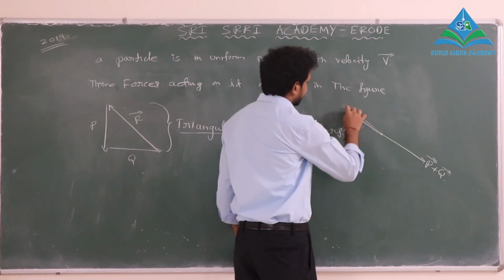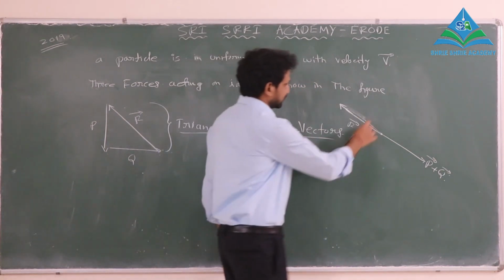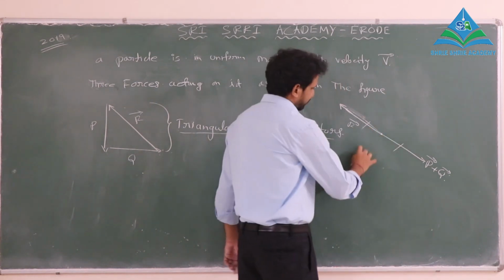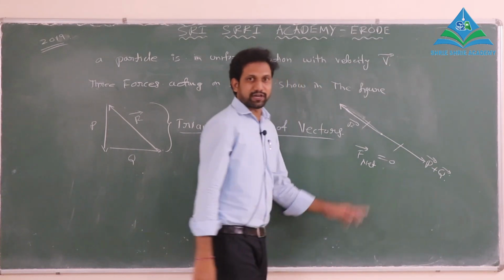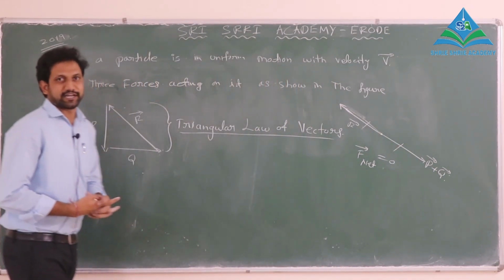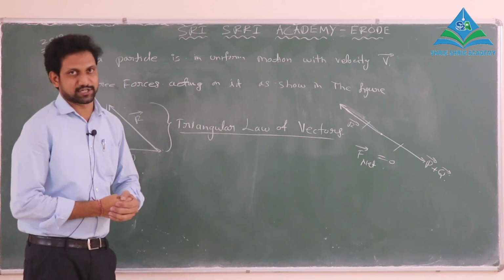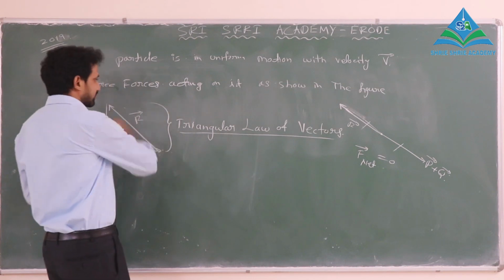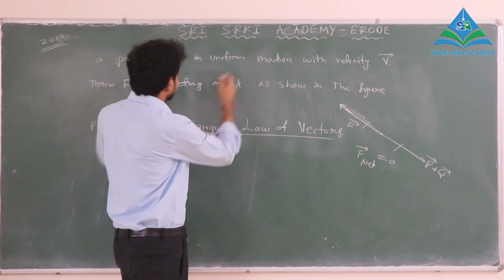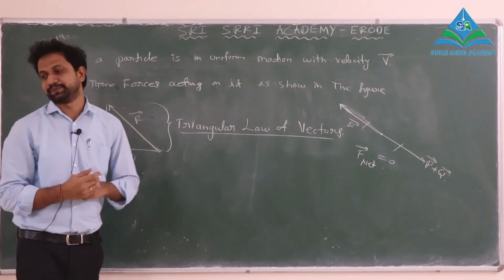Whenever two forces are there with the same magnitude but in opposite direction, they will cancel each other. So net force is 0. Whenever net force is 0, the particle will stay in the same state, whether uniform motion or rest state. That is Newton's first law. So by seeing the figure you can say that yes, the motion of the particle is not changed.